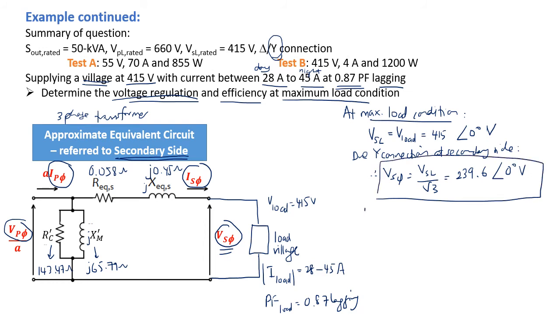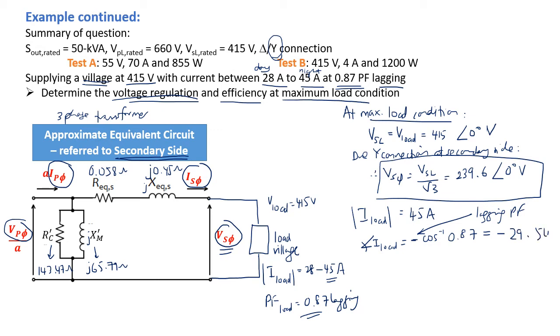And at maximum load, the magnitude of the load current is 45 amperes. We take the largest one, that's the maximum. The angle of the current at the load, we get from the power factor. So inverse cosine 0.87, but negative because it is a lagging power factor, gives us an angle of negative 29.54 degrees.